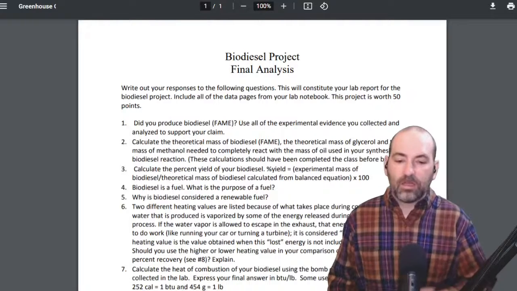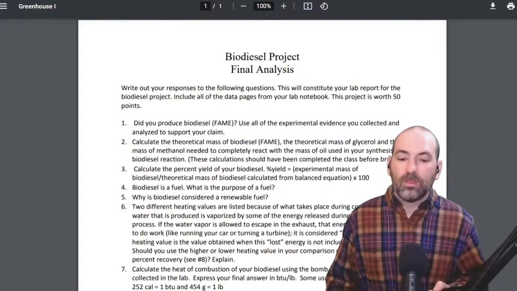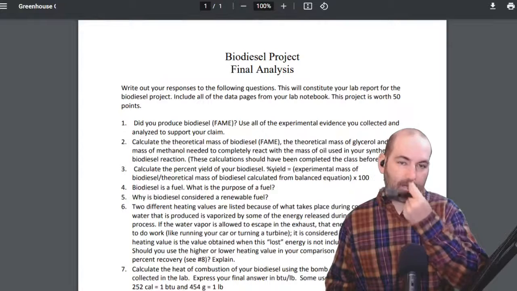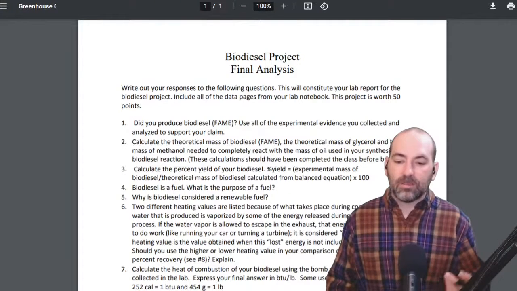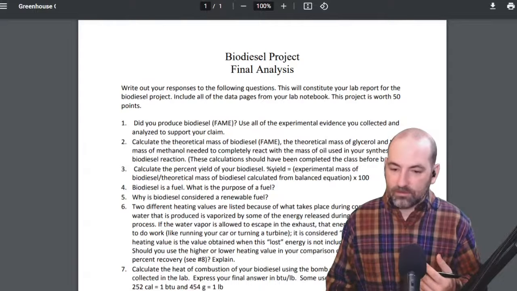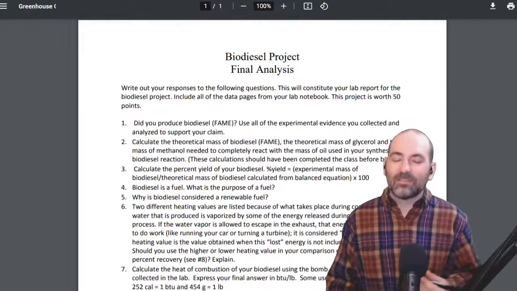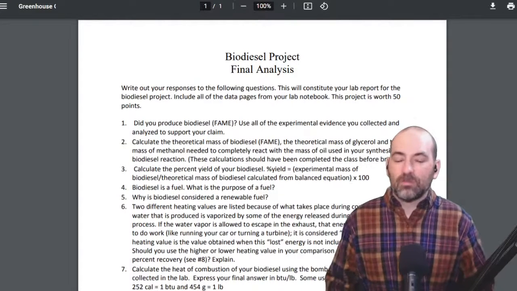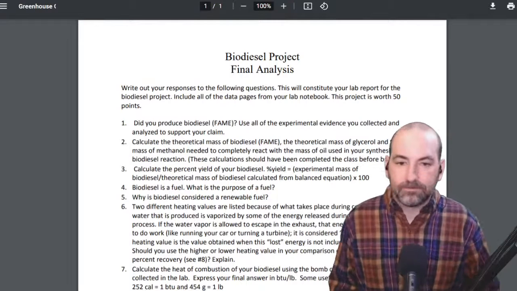How do you prove that you did indeed produce biodiesel? So you have to kind of look at everything to figure that out. The GCMS data, the results of things like the methanol test and wash test, as well as density, things like that. So everything that you measured should contribute to your answer to this question of did you produce it or not?